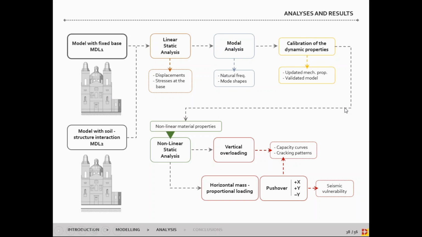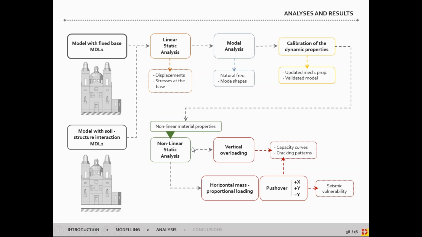After that set of analysis, which consists in isotropic materials in our case and linear range, we define nonlinear properties for the materials and start nonlinear static analysis. We performed two different kinds of analysis in terms of direction.